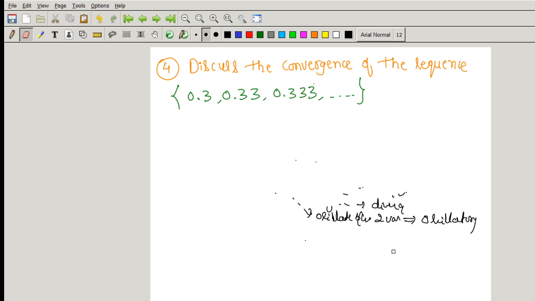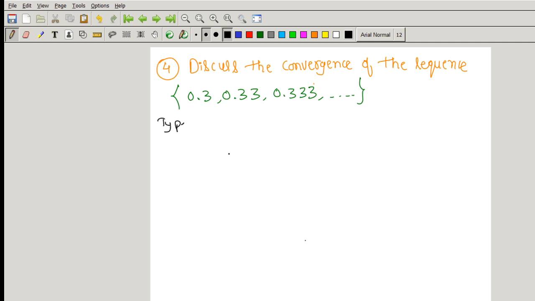So can we convert this sequence into the form of a general term, the nth term? We can also use the conditions of bounded and monotonically increasing. So, the first type.